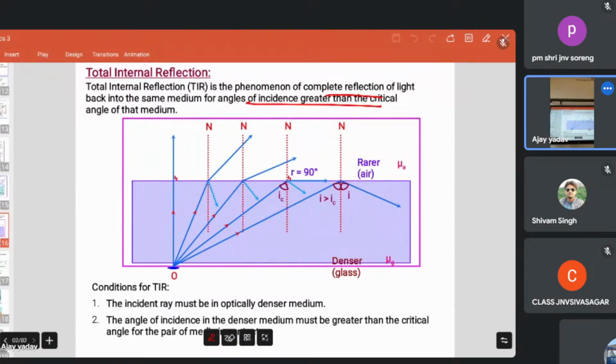TIR is the phenomenon of reflection of light into the same medium from the interface of denser and rarer medium.